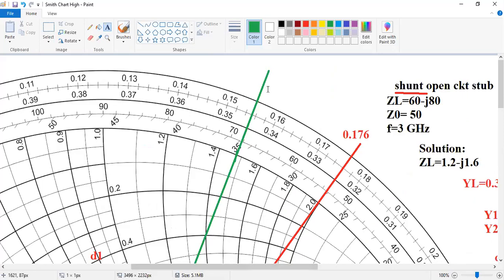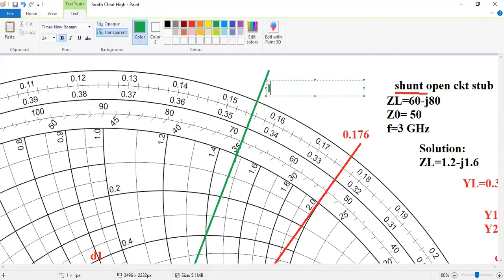So here we will write L2, in italic, because in front of Y1 it is L2. It will be between 0.15 and 0.16.